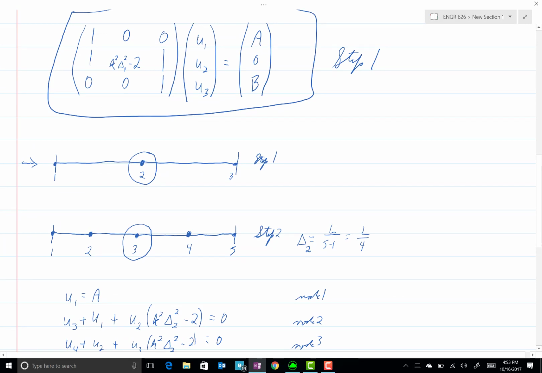And the interesting thing is that the Richardson extrapolate will, in general, be more accurate than the solution from either step 1 or step 2.